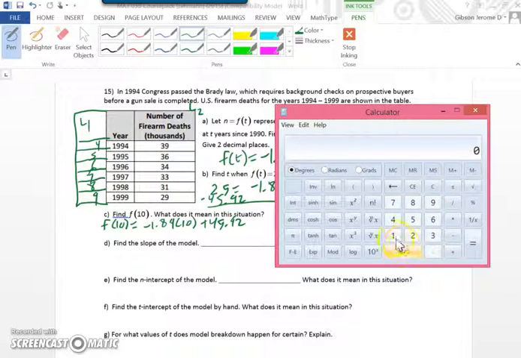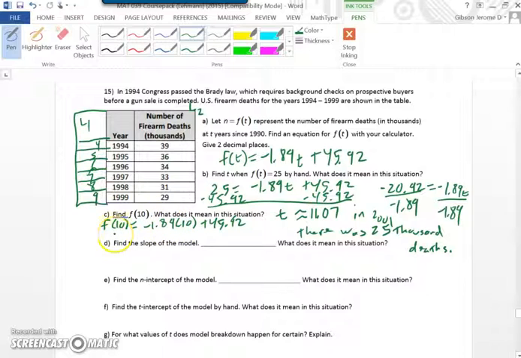So we have negative 1.89 times 10 plus 45.92, and that will give us 27.02. So f of 10 is equal to 27.02.